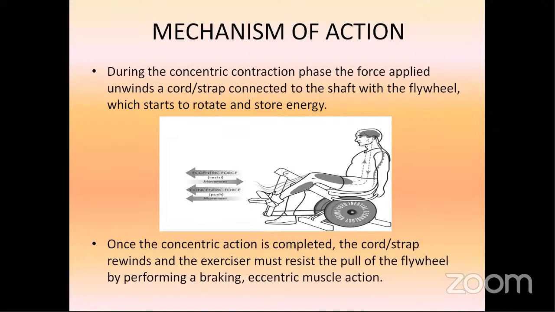So it produces resistance to both concentric and eccentric muscle action. The flywheel does not require any gravity to produce resistance. It produces resistance on its own by the individual's movement.